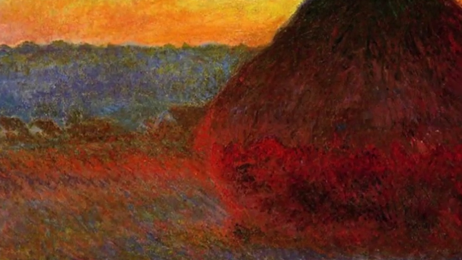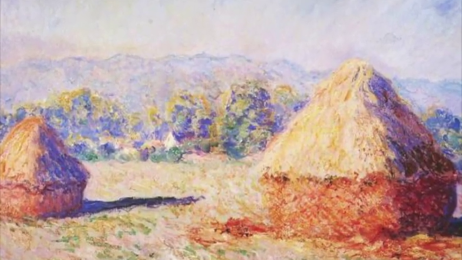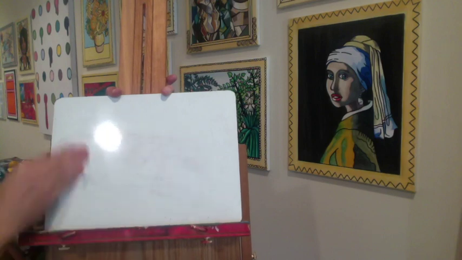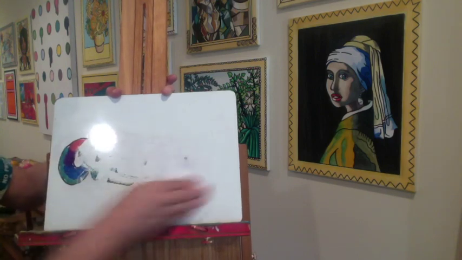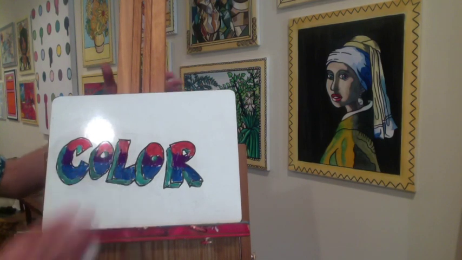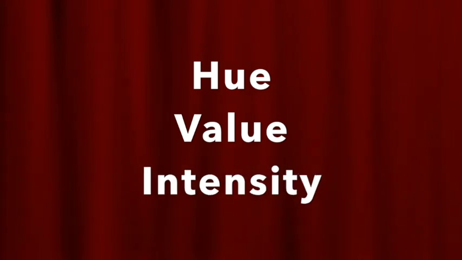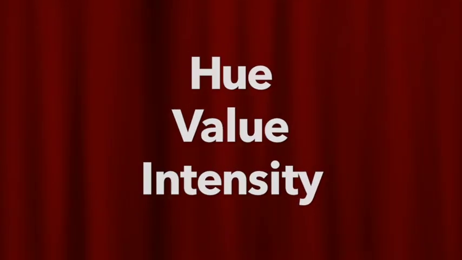He painted impressions of the wheat stacks by laying strokes of many colors on his canvas. So, as you can see, all you need to make great art with color is the ability to understand and use its three main properties: hue, value, and intensity.